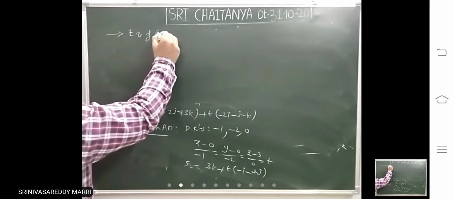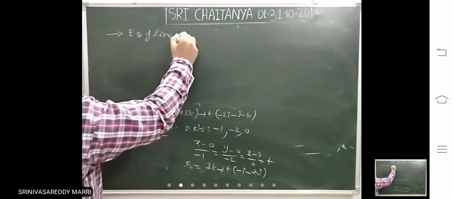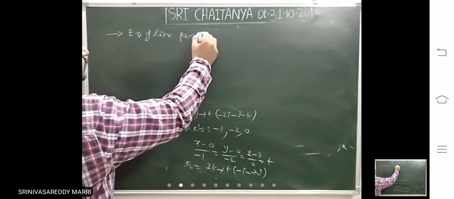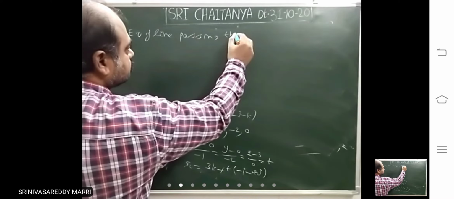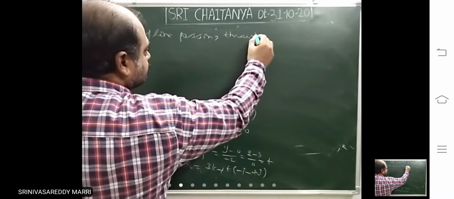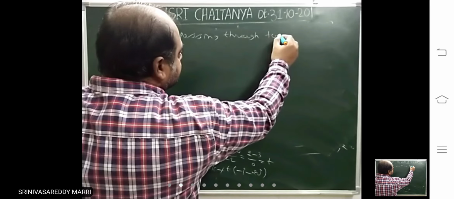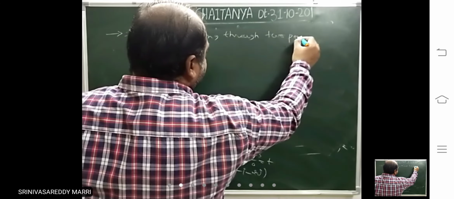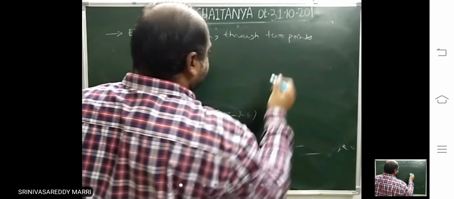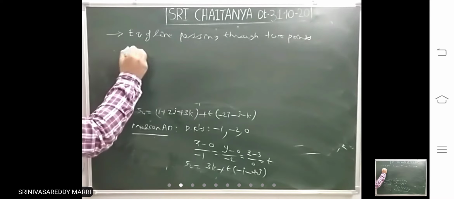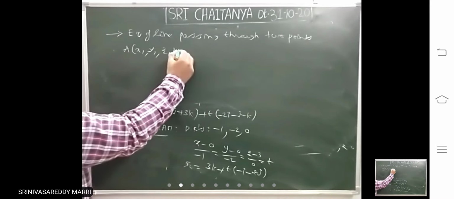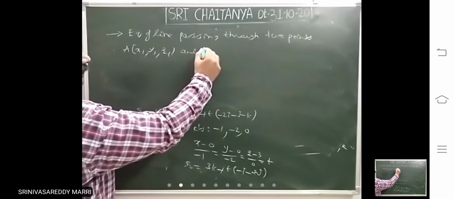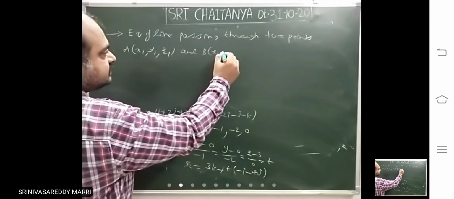Equation of a line passing through two points, the 2-point form. Passing through two points A (x1, y1, z1) and B (x2, y2, z2).